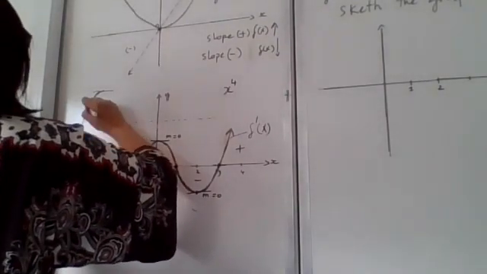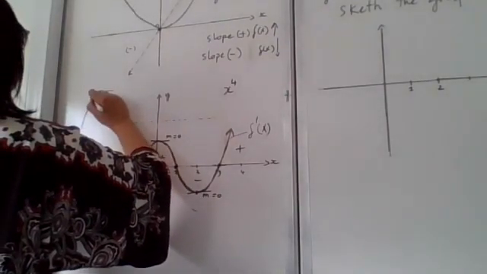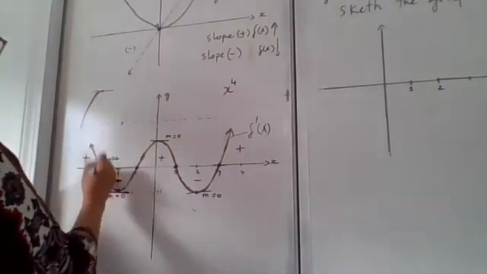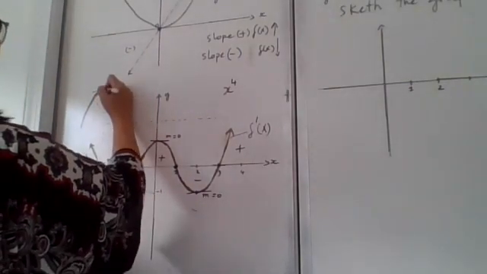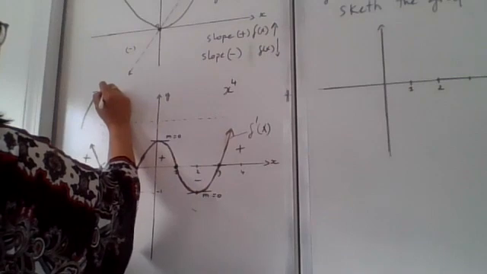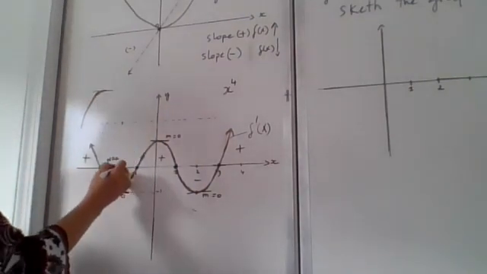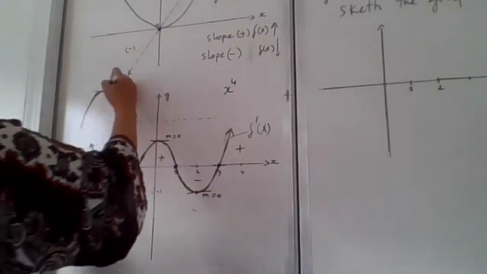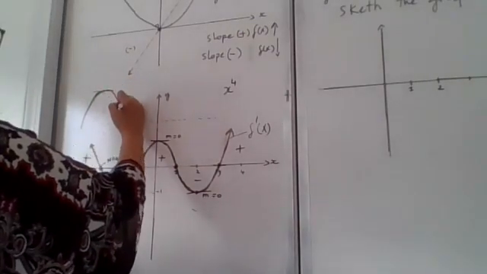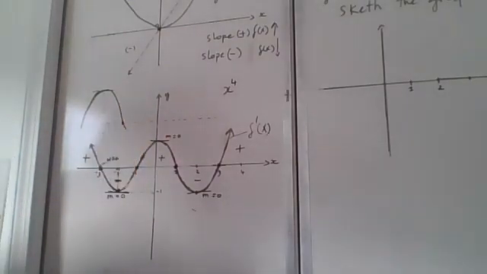So I start from here and go up here, right, increasing. Up to this point, I have a maximum value for my function. Then I know that at this point, my function has to go through this. So it will go down like that, okay?